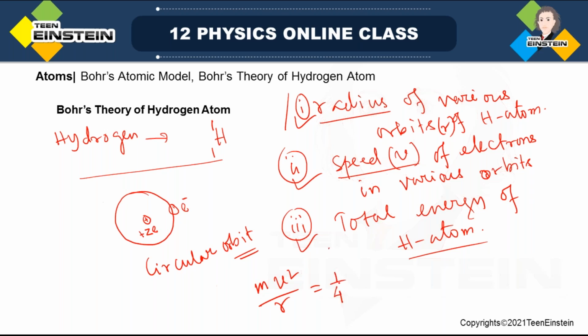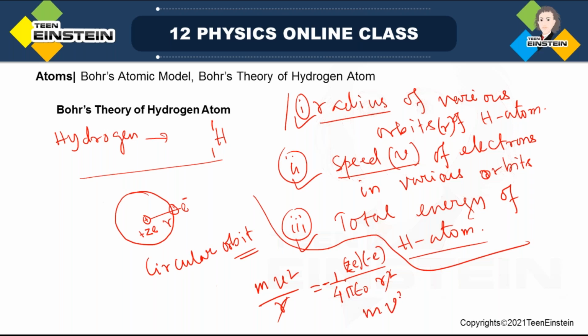This is supplied by the electrostatic attraction between the electron and the nucleus. I'm just writing the modulus of that force, 1 by 4 pi epsilon naught, Z into Ze by r square, where r is the radius. There will be a minus sign, but I'm just taking the magnitude, so that we get a positive value. We can cancel one r, so you get mv square equal to Z square e square by 4 pi epsilon naught, divided by r.